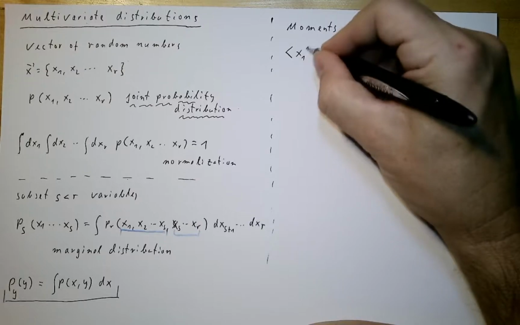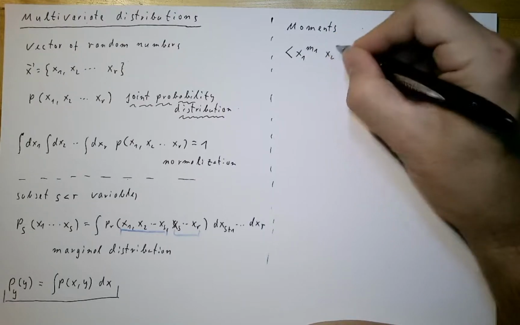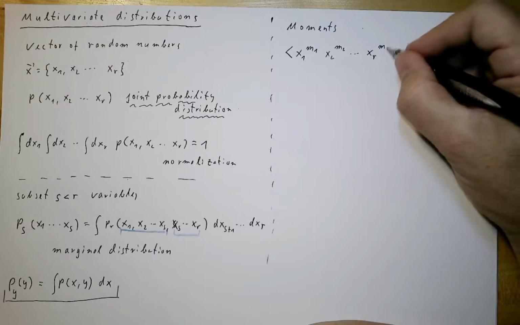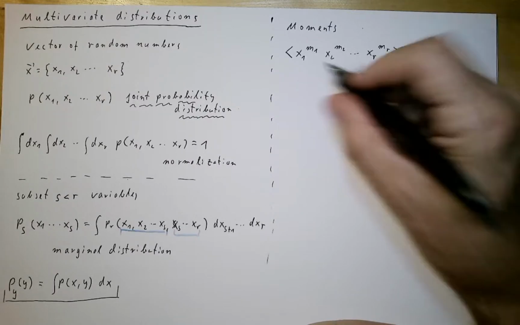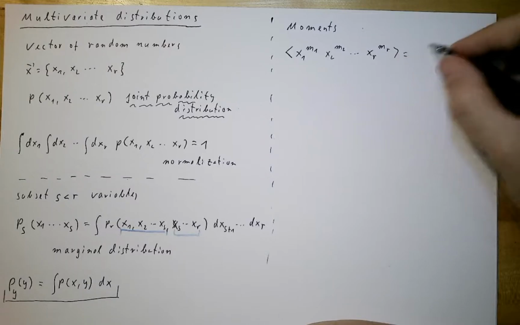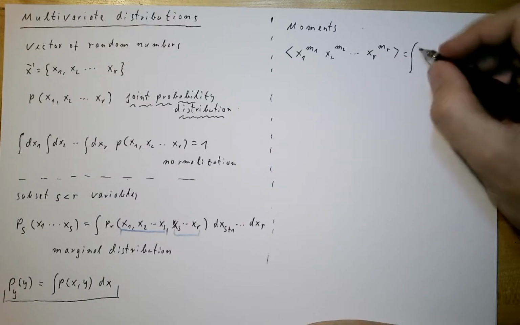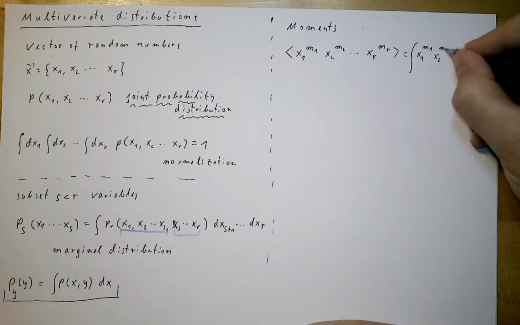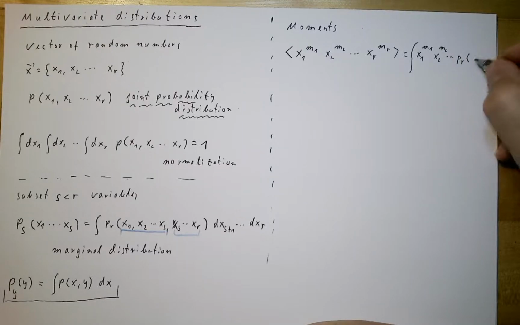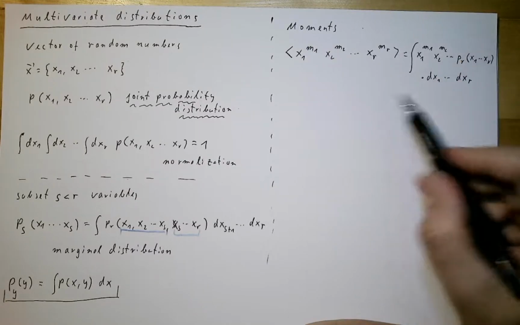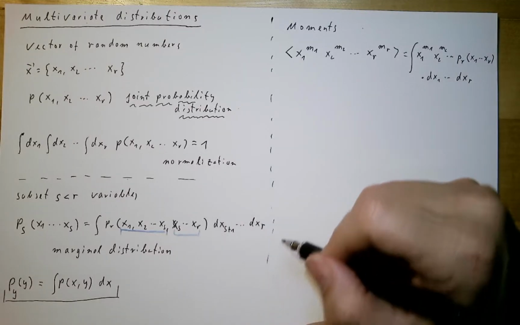We take the first variable to the power m1, the second variable to the power m2, and so on, the rth variable to the power mr. That is one moment with multiple exponents, and we calculate it in the normal way: we multiply x1 to m1, x2 to m2, and so on, times our probability distribution from x1 until xr, and integrate over dx1 until dxr. Just the normal way we calculated moments before.